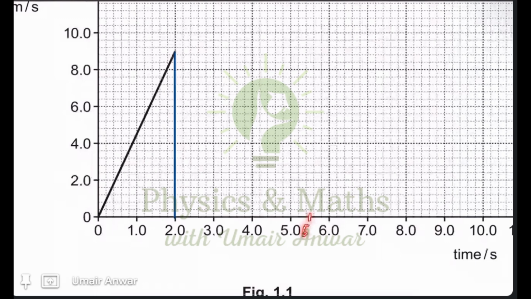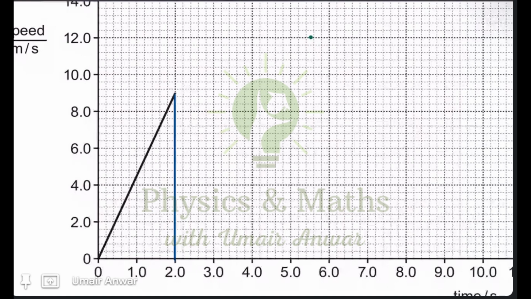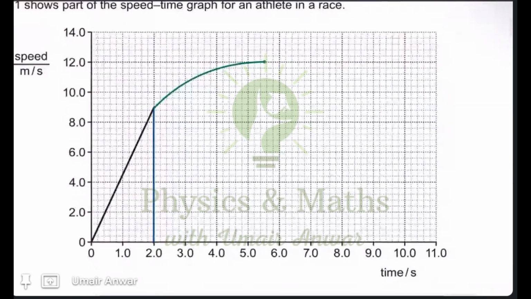And since the acceleration is decreasing, we are going to make a curve over here. That curve shows a decreasing acceleration, and at 5.5 seconds, we have reached the speed of 12 meters per second.